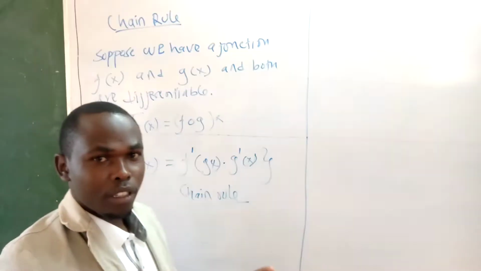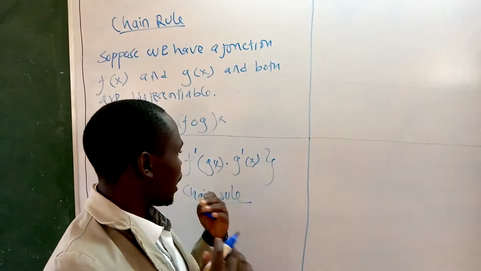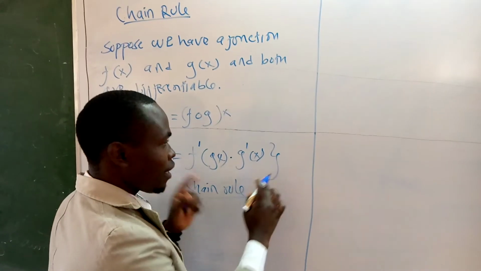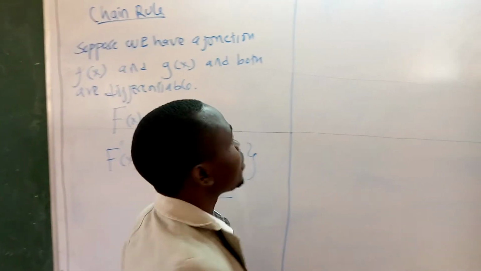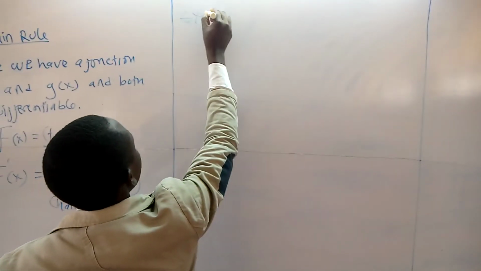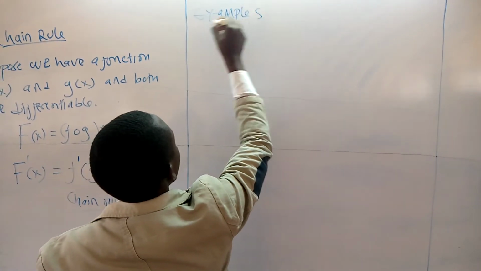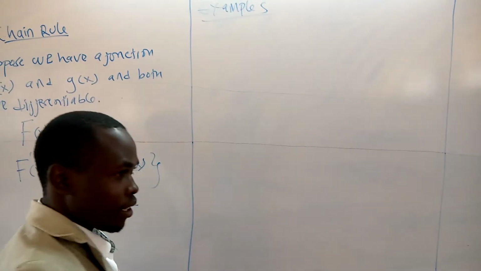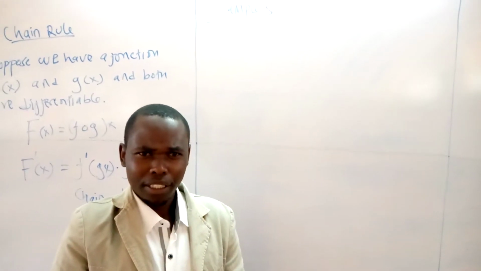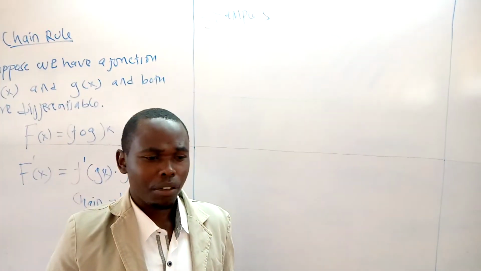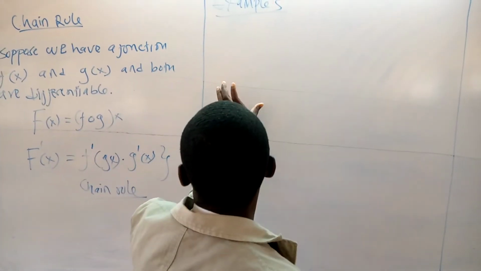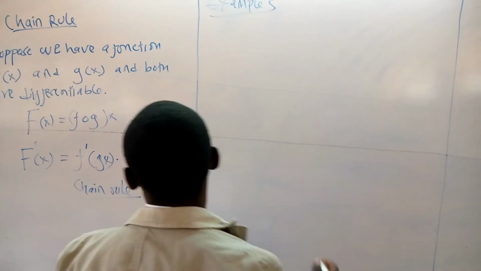If you have been told to solve an equation using the chain rule, this is the formula that we are going to use. Let's go to the examples. In the examples, there is an easier way of solving the equation, but today I'm going to use this formula to solve it using the chain rule.